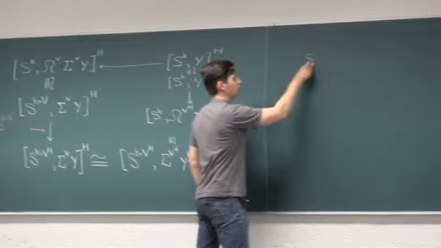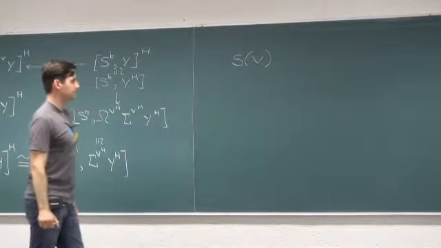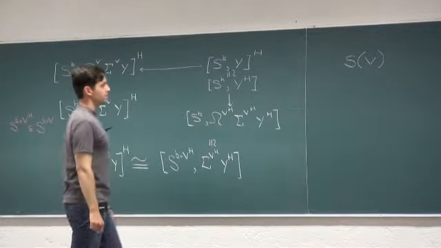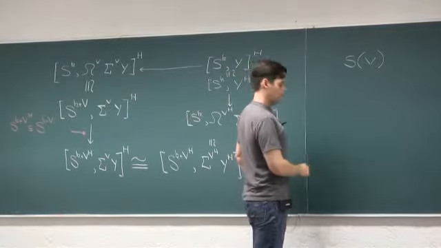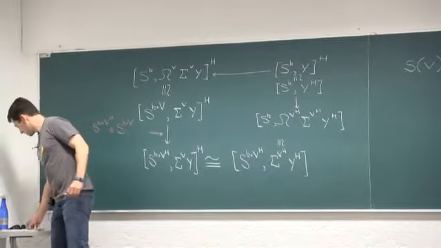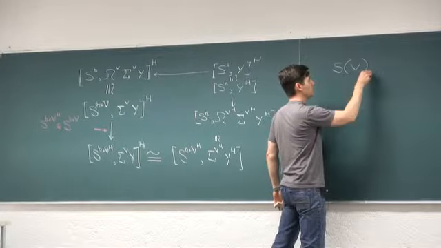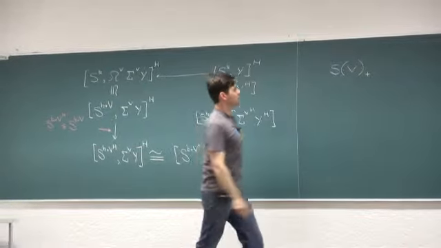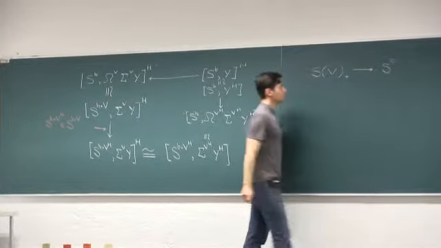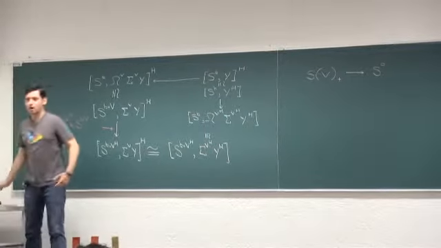So let's look at the sphere of V. If I take the sphere of V and add a disjoint base point, I can map this to the zero sphere via the obvious non-trivial pointed map.